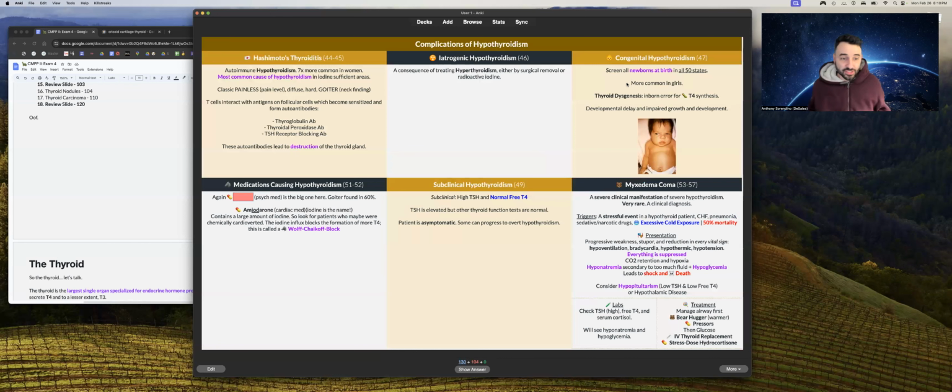Okay. Medications causing hypothyroidism: lithium and amiodarone, where we get that Wolff-Chaikoff block. I don't know that we need to know anything else. Oh, I thought this is an EKG finding. It's not. The iodine influx blocks the formation of more T4. That's important. Okay.